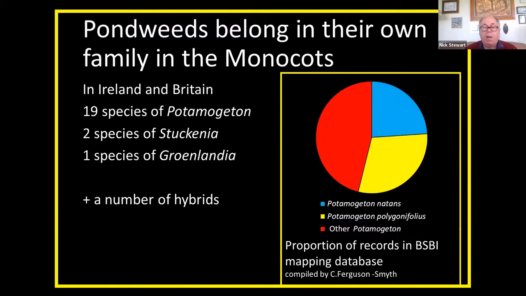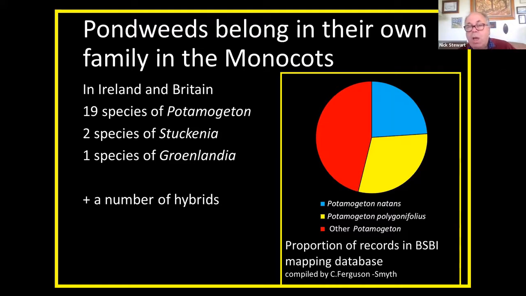This pie chart is quite interesting. It shows the number of records for pondweeds in the BSBI mapping database, and shows the proportion of the different species. And over half of the records are just 2 species, Potamogeton natans and Potamogeton polygonifolius. They are common species, and that's part of the reason for the number of records.